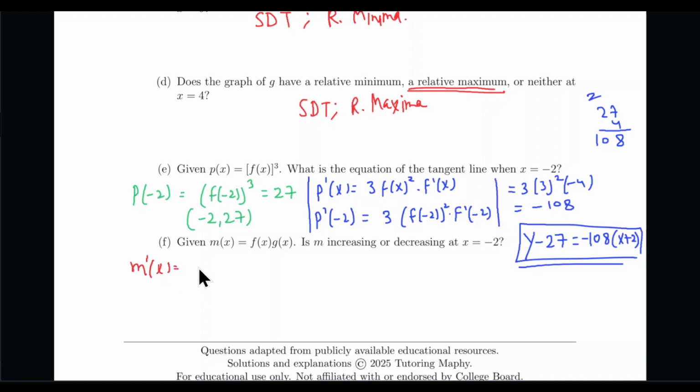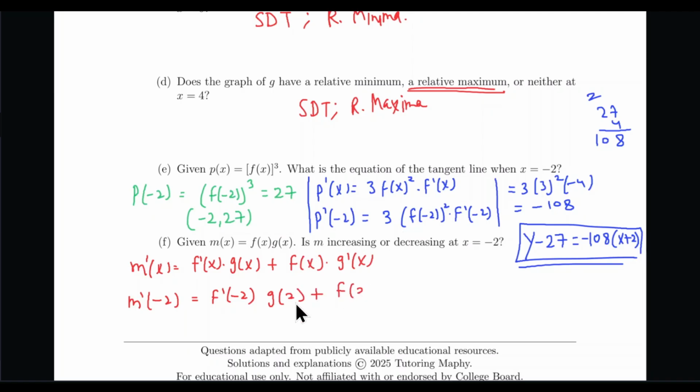So m prime of x is going to be f prime x times g of x plus f of x times g prime of x. So m prime of negative 2 will be f prime of negative 2 times g of negative 2 plus f of negative 2 times g prime of negative 2.